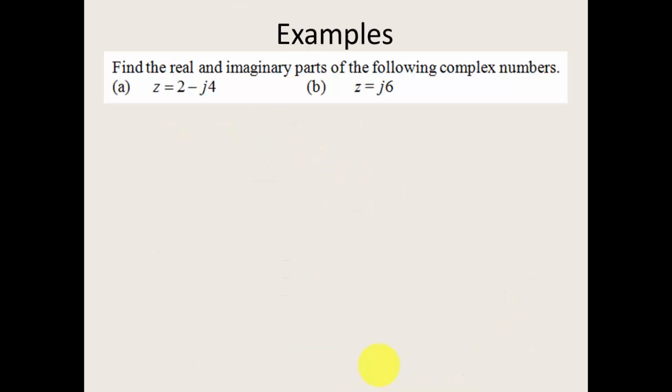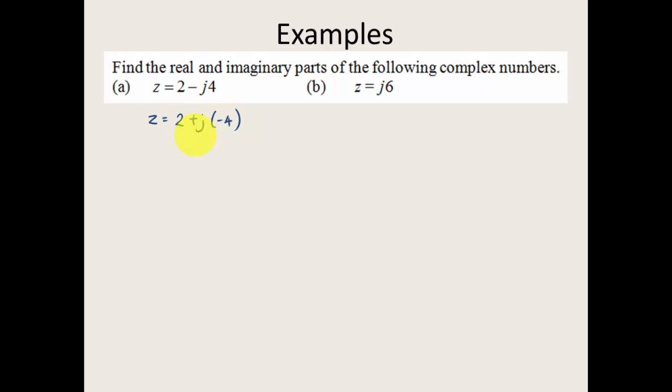Let's try some examples here. I'm to find the real and imaginary parts of the following complex numbers. Let's start with a. A is z equals to 2 minus j4. I'm going to rewrite it a little bit to write it as 2 plus j times negative 4. This is the same as this.